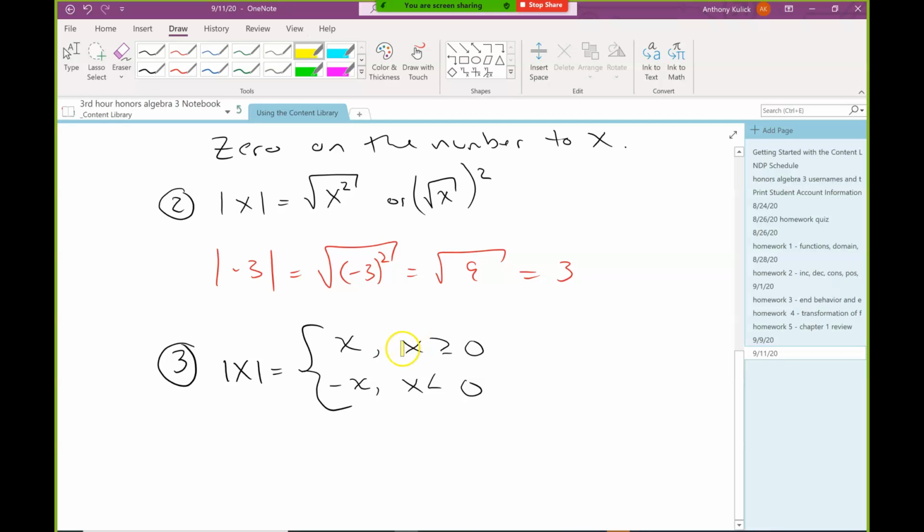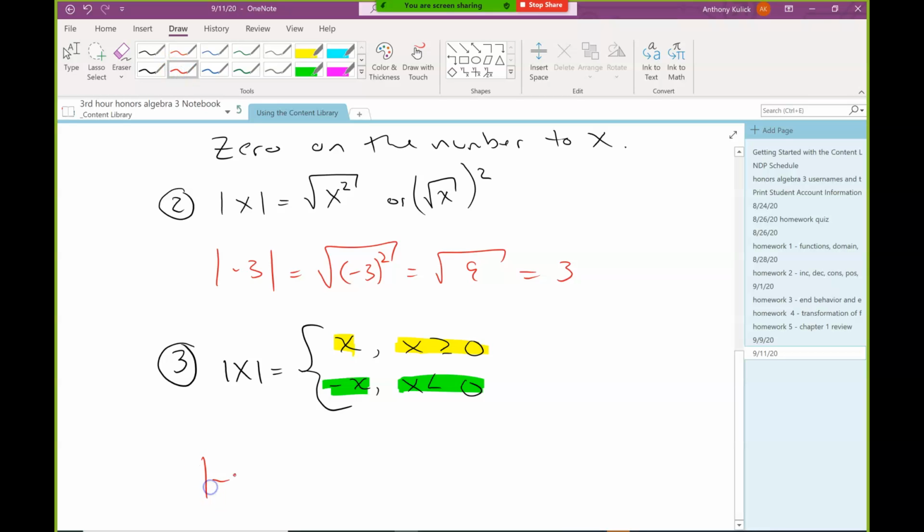So for example, in an absolute value function, if we have a non-negative number, well, that's just going to stay the same. If we have a negative number, we're going to negate it, because the negative of a negative gives us back a positive.